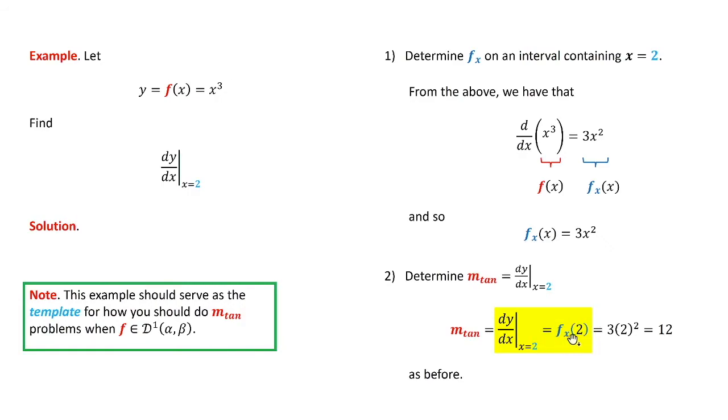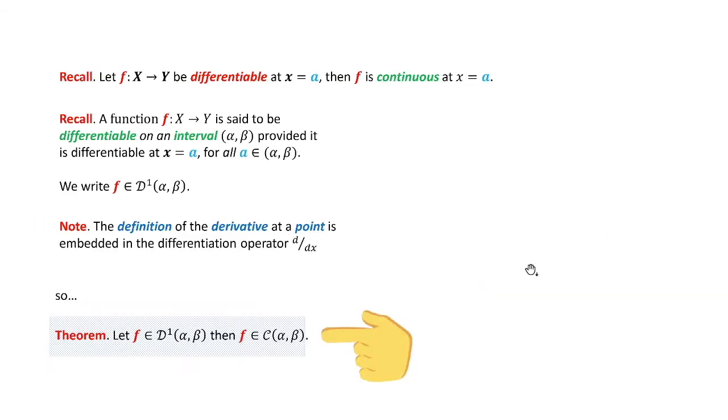By definition, at a number, put in the number here, this gives you the slope of the tangent line. And this is 3x squared, so it's 12. And that's what we got before. So it's slick. I mean, it's a lot easier to do it if you have this function available. And we can determine formulas like this for a few simple cases. Okay, and that's what you know as the differentiation rules.